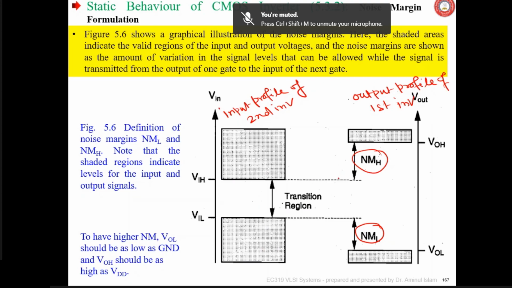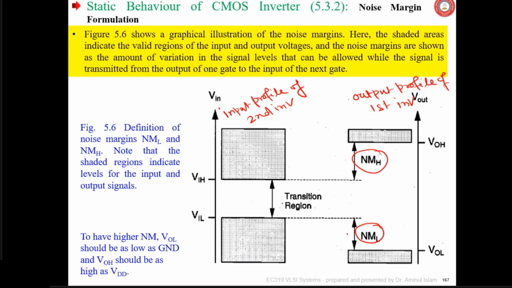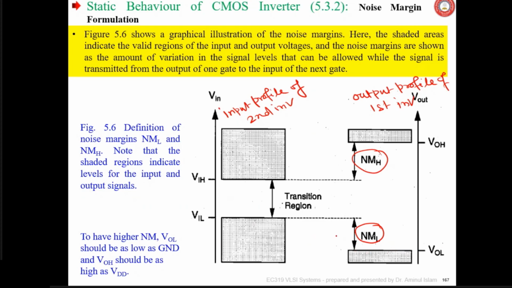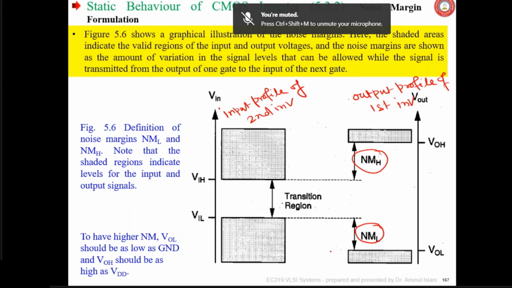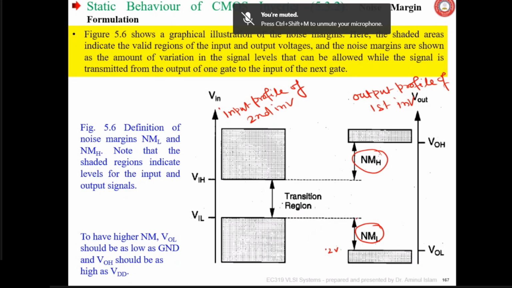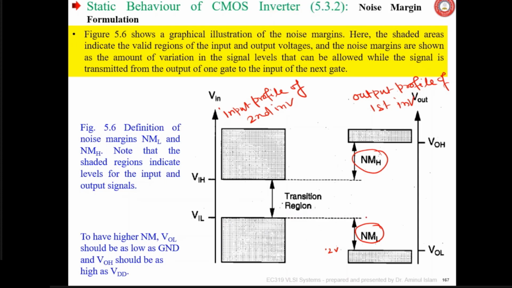Here you can very well understand the definition of NML. NML is VIL minus VOH. This I was assuming to be, say, 0.2 volt. For VIL, let us take it as 0.3 volt.